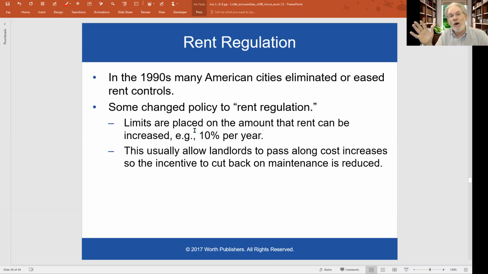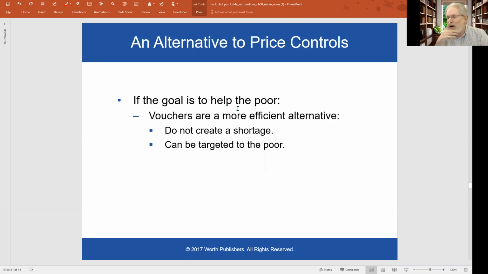When you have a free market, then if you're renting from a certain landlord, they have an incentive to make you happy. They want you to stay, because if you leave, that imposes cost on them. They have to find somebody new. But when you impose rent control, you're reducing that incentive that the producer has to make you happy, and the effects can be very, very unexpected. All right, an alternative to price controls.